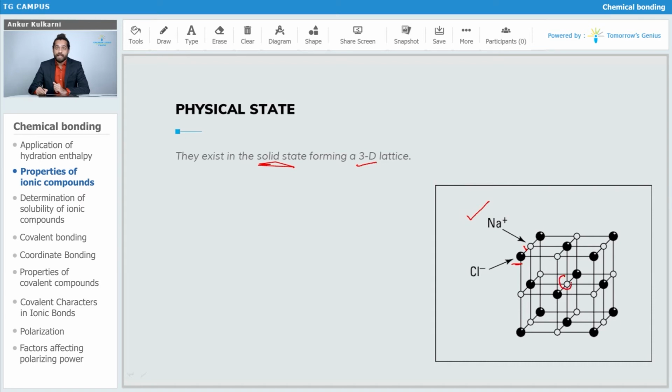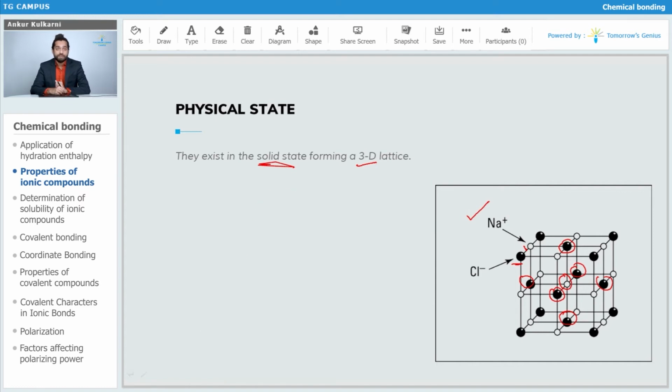This Na+ is surrounded by chloride ions. This is one chloride, second chloride, third chloride, fourth chloride, fifth chloride, sixth chloride. So it is surrounded by other chloride ions. Such structures are known as 3D lattice structures.